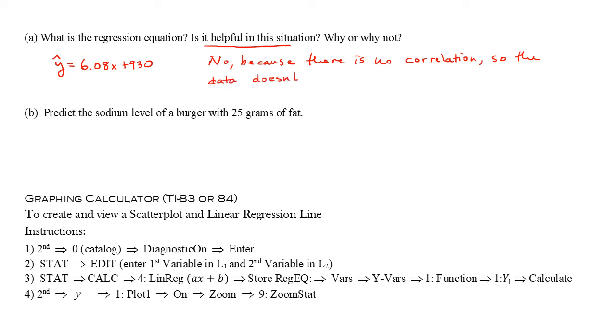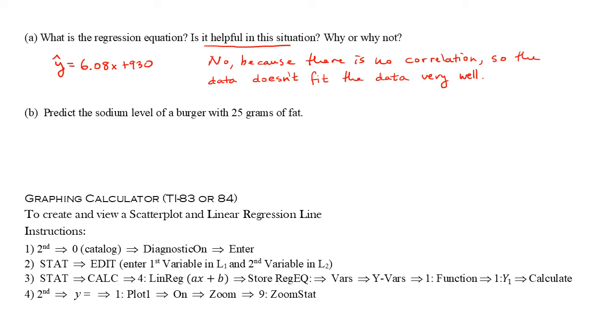And so using the line of best fit to make a prediction here is not going to make a very good prediction. Instead we'll use the mean of all the y values to make a prediction.